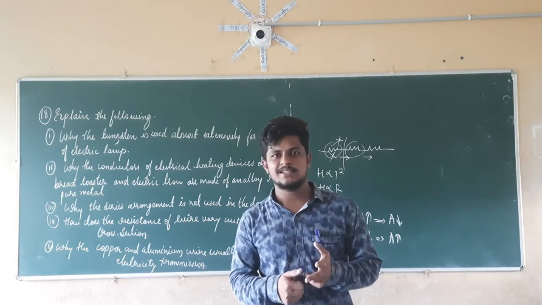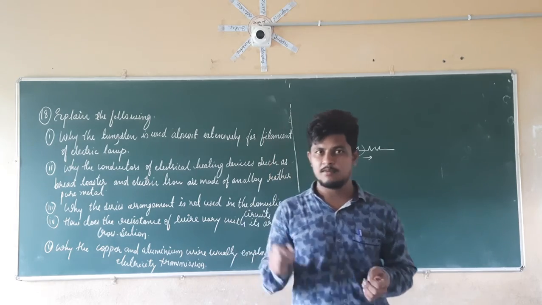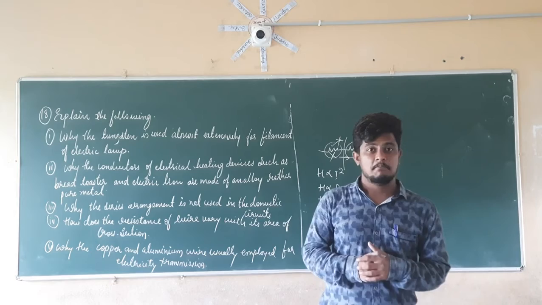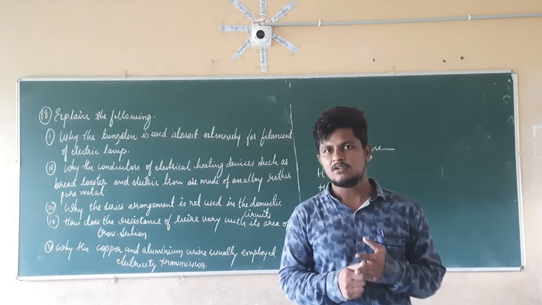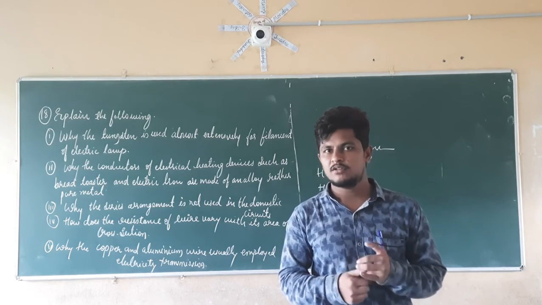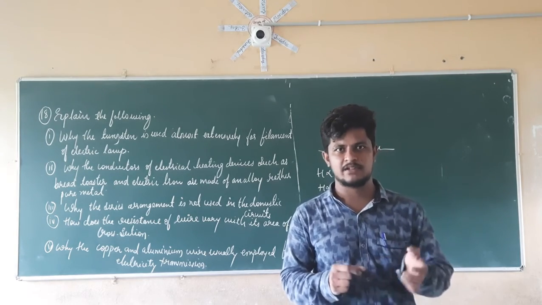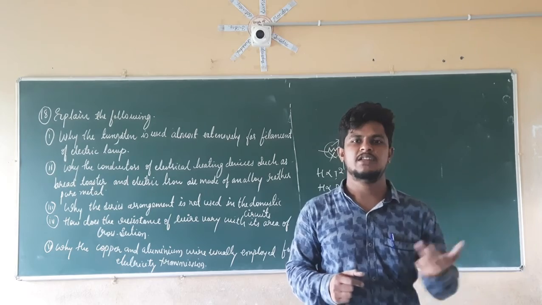We have gold as well as silver, which are also good conductors. They have less resistivity compared to copper and aluminum. But gold and silver are very costly. The gold rate now is 50,000 for 10 grams. So is it possible to use gold and silver everywhere? No, it is not possible, since their cost is very, very high.